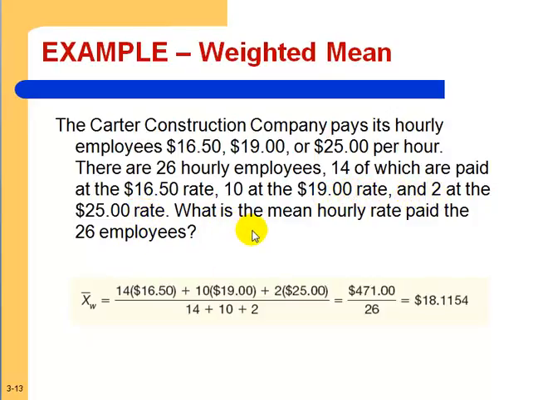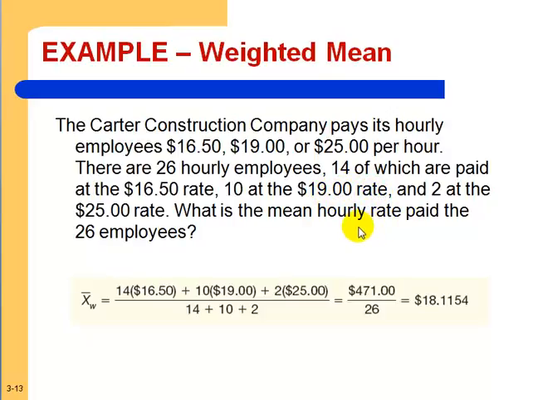What is the mean hourly rate paid to the 26 employees? We have some observations with the same value: 14 observations paid at the same rate, and 10 observations paid at the $19 rate.